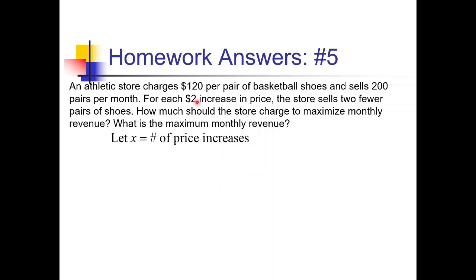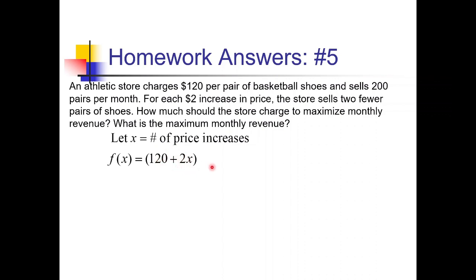So for the price, since we're starting at $120, I can express the price as $120 plus 2x, because I'm increasing by $2. So if I figure out how many increases I have and multiply that by 2 and add that to 120, this is giving me the new price.